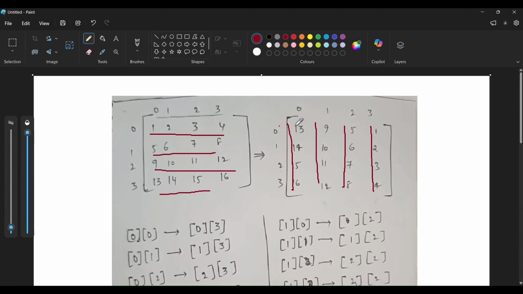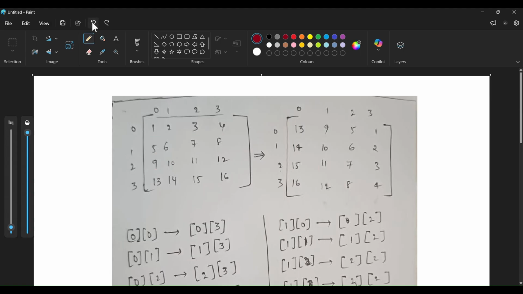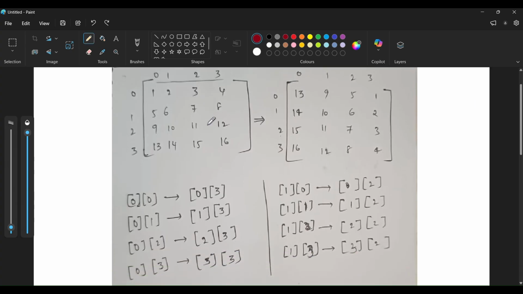By observing this, we can get some pattern involved in this, right? Now we will find what pattern is involved. For understanding the pattern, we have just written this. The element located at index 0 comma 0 is 1.